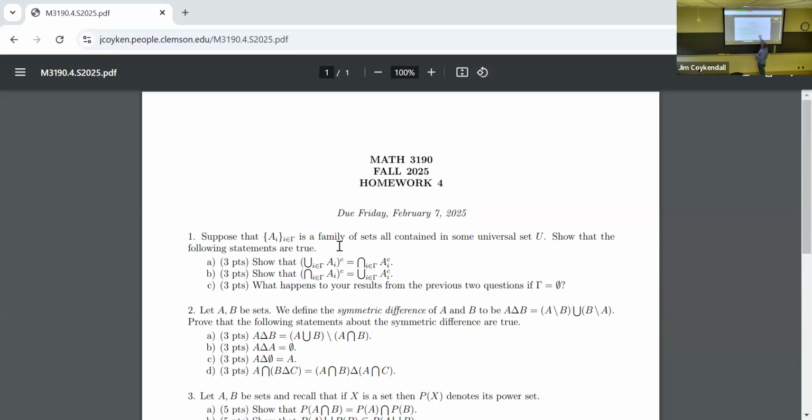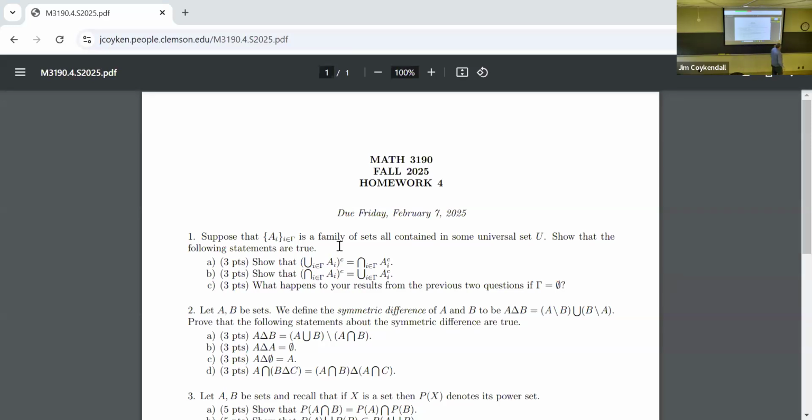And in part C, what happens if this index set is empty? What happens to the results there? In number 2, we define the symmetric difference of sets A and B, A delta B, to be A minus B, so that's the set in A not in B, union B minus A, right?